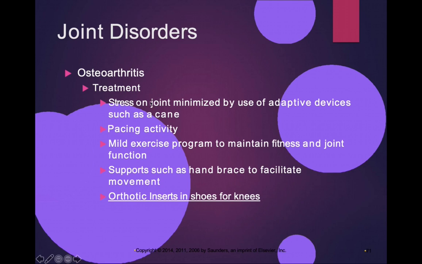osteoarthritis, is that the stress on the weight-bearing joints needs to be minimized. And if they need to, they could use some assistive devices like canes. Still, exercise is important, but perhaps not weight-bearing exercise. So swimming and aquatherapy may be more beneficial, because you still need to move the joints and circulate the synovial fluid around.